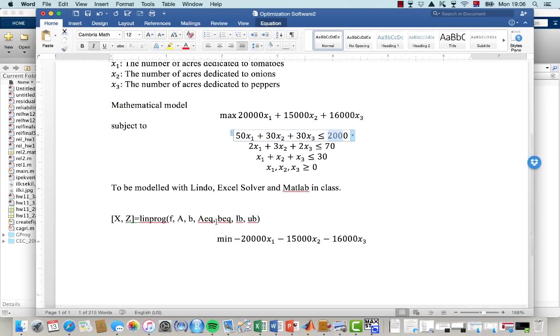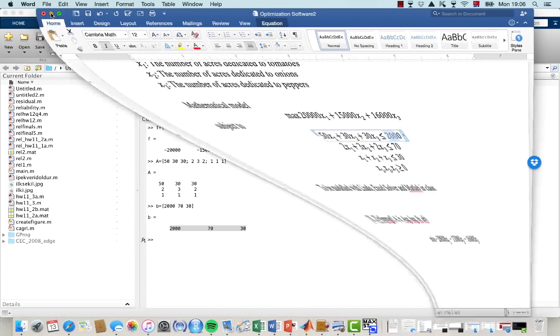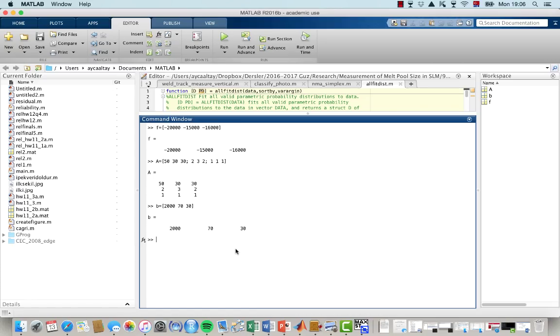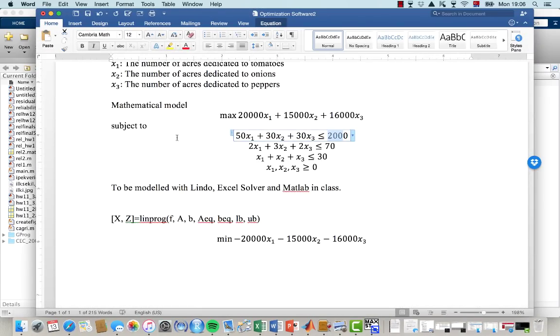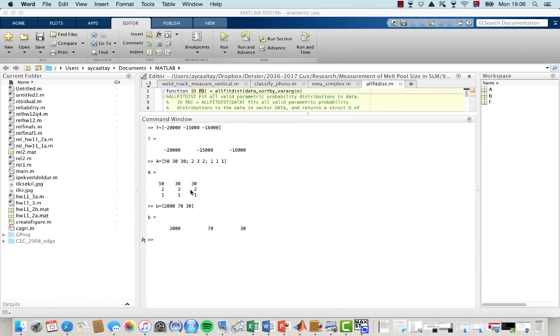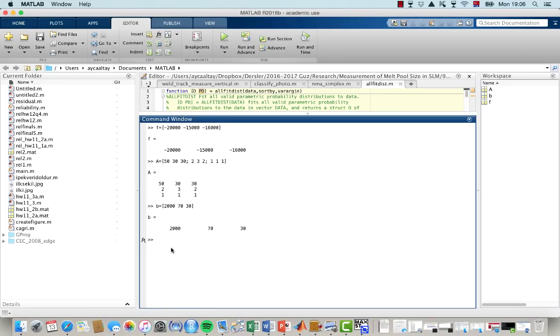Next we have Aeq, the left-hand side constraint coefficients of equality constraints. But right now I don't have any equality constraints. But I have to enter something here, it's there as an input.